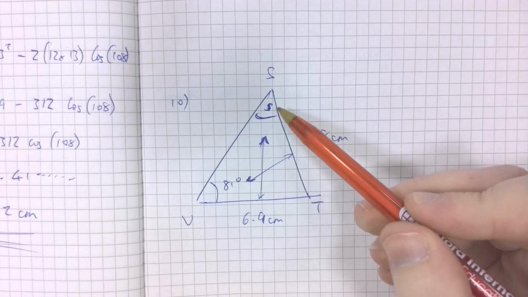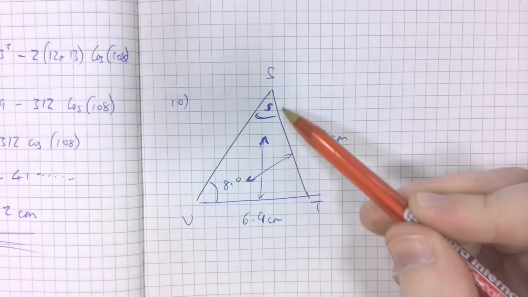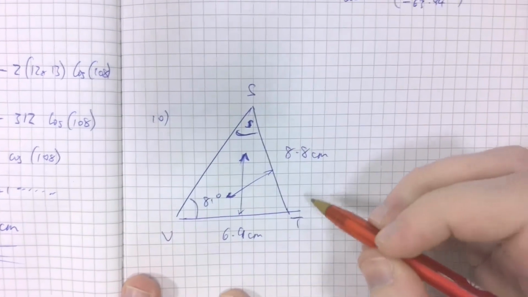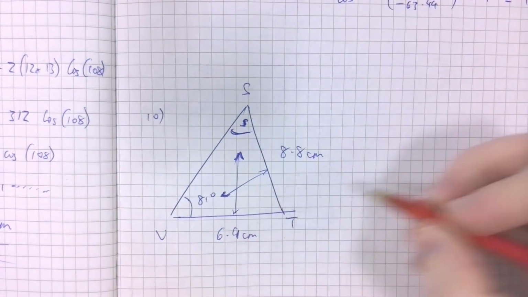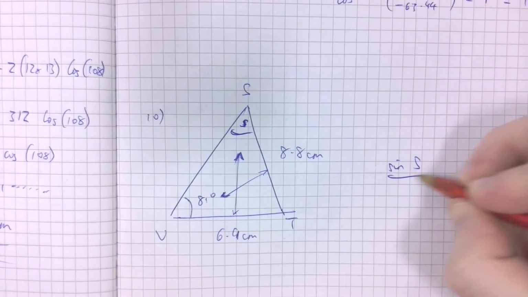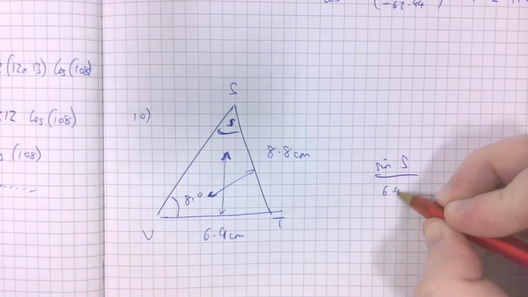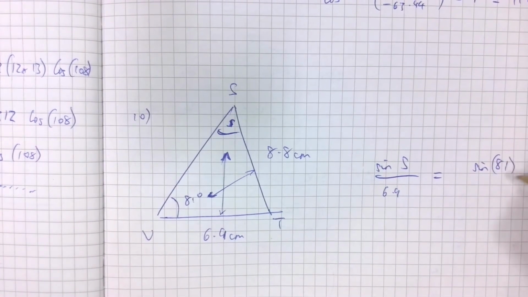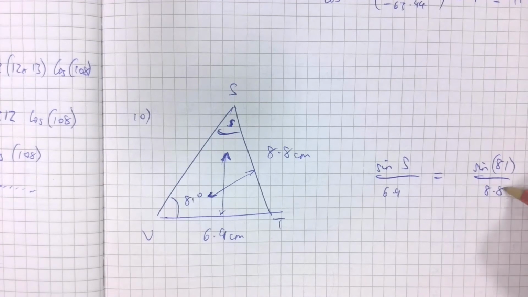And again, because the sine rule is applying and the unknown is an angle, it's good to put the angles in the numerators. So, the sine of angle S, which I don't know, divided by 6.9 equals the sine of 81 over 8.8.